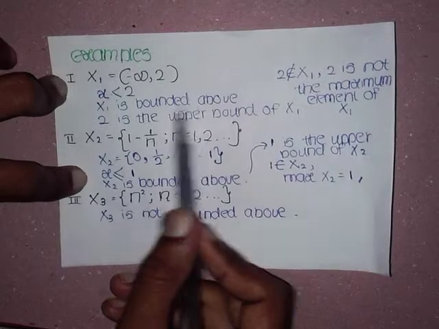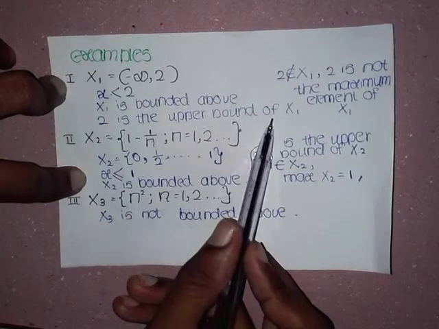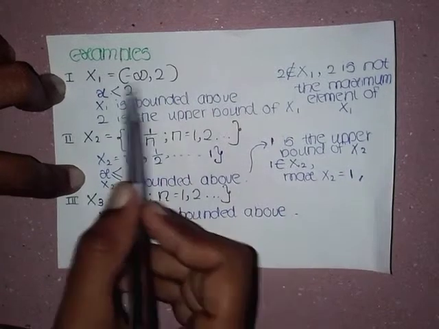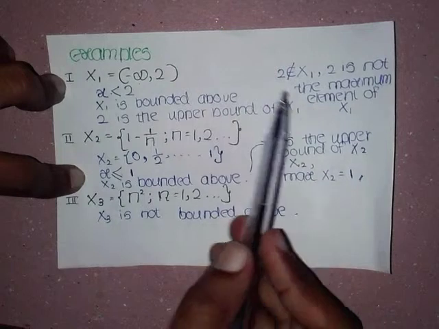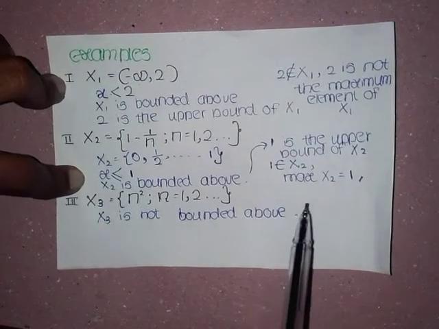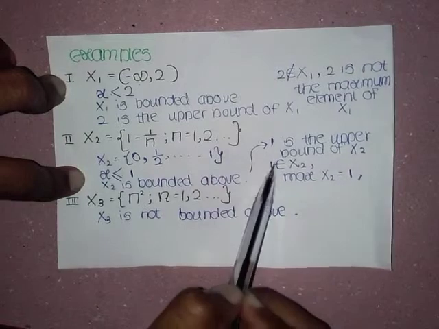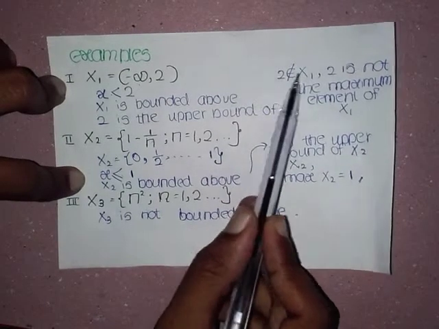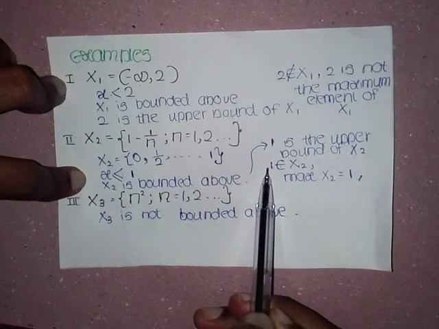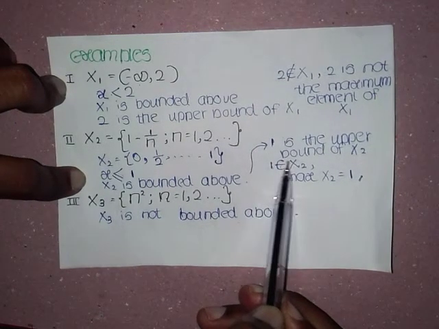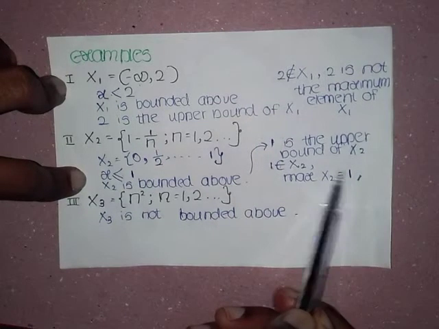If that upper bound belongs to this set, then we can tell there is a maximum element, so the upper bound equals the maximum element. Here 2 does not belong to X1, so 2 is not the maximum element. 1 belongs to X2, so here the maximum element is 1.